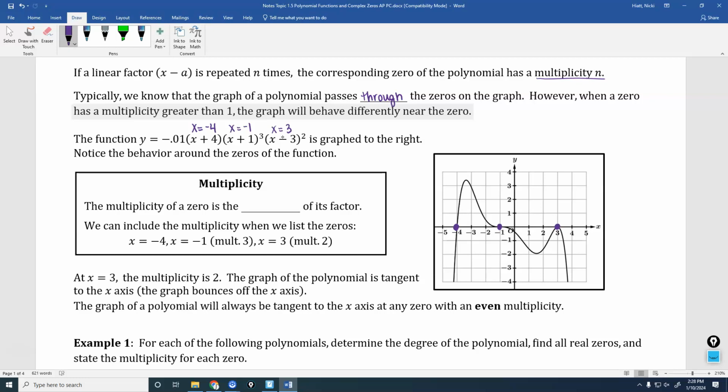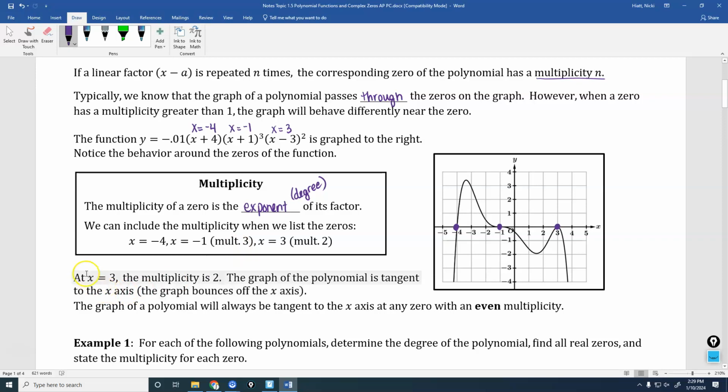So the multiplicity of a 0 here, we're going to see, is going to be the exponent, or you could use the word degree, of its factor. So we would say that x equals negative 4 just has a multiplicity of 1. If it has a multiplicity of 1, you don't necessarily have to write it. We would say x equals negative 1 has a multiplicity of 3 because that factor is there 3 times, since you have an exponent of 3. And we would say x equals 3 has a multiplicity of 2.